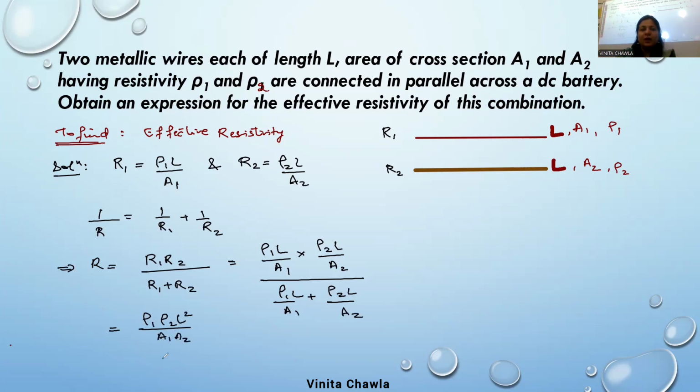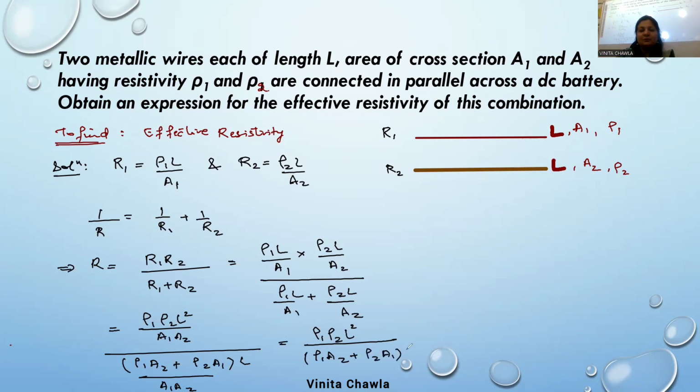And here we'll have rho1 A2 plus rho2 A1, with L common, and in the denominator again A1 A2. So on simplifying we get rho1 rho2 L square upon rho1 A2 plus rho2 A1 times L. Cancel, so we got this.